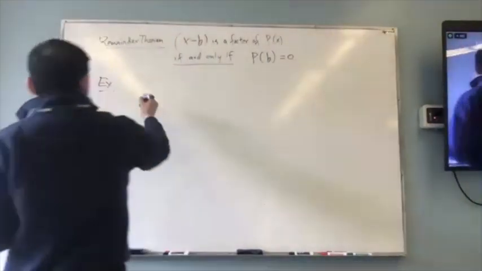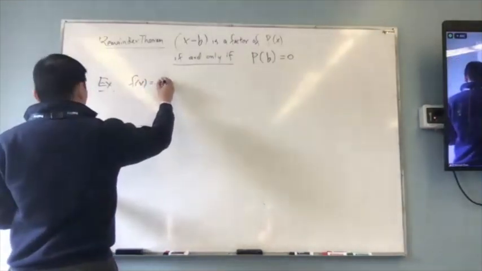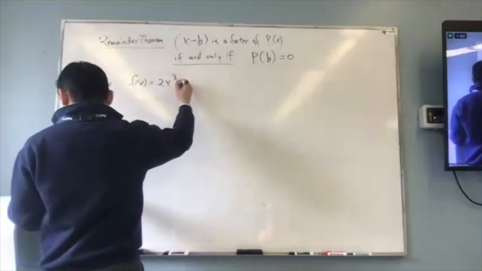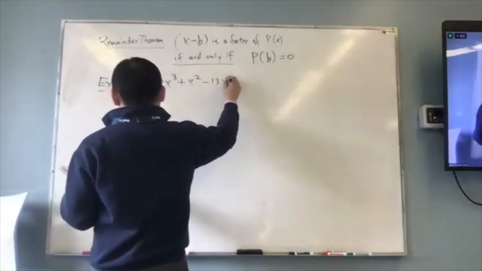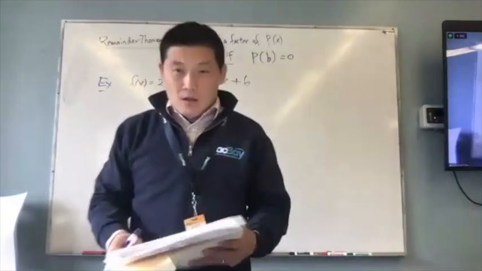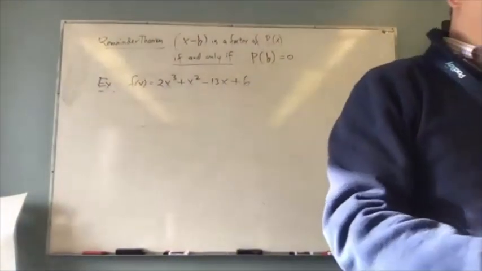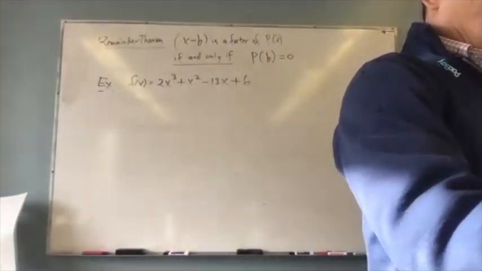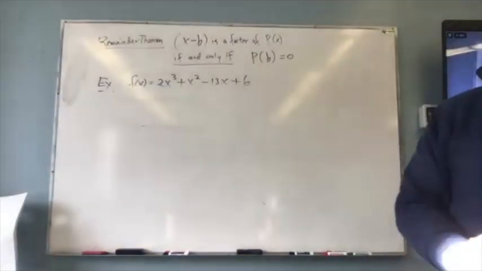If I have today f of x is equal to 2x cubed plus x squared minus 13x plus 6.